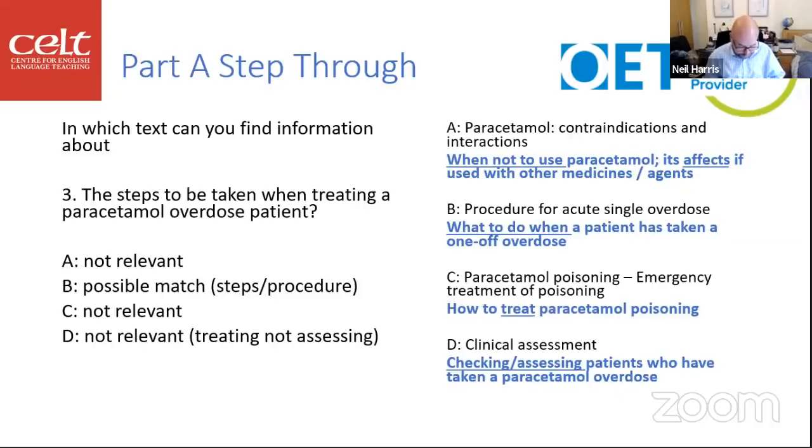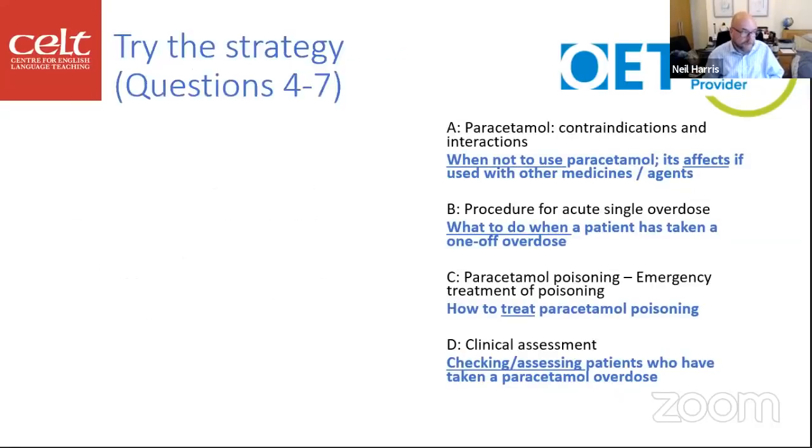So what I'd like you to do now is have a go yourselves at questions 4 to 7 and make a decision about what you think are going to be the possible matches A to D. I've been practicing this a lot and I teach it, so I can probably do this in about 20 seconds per question.